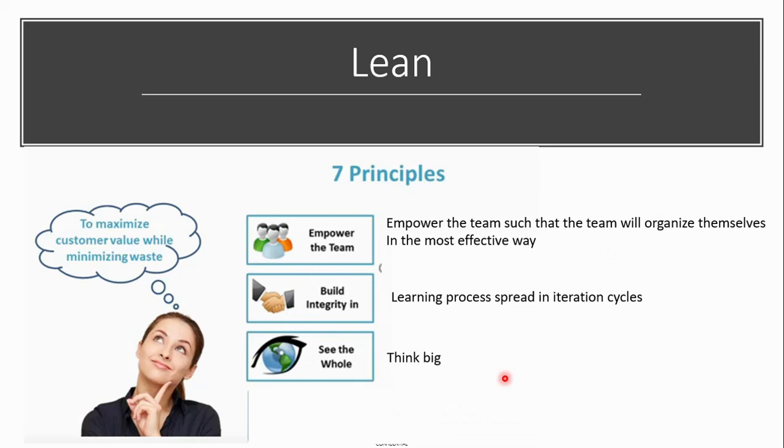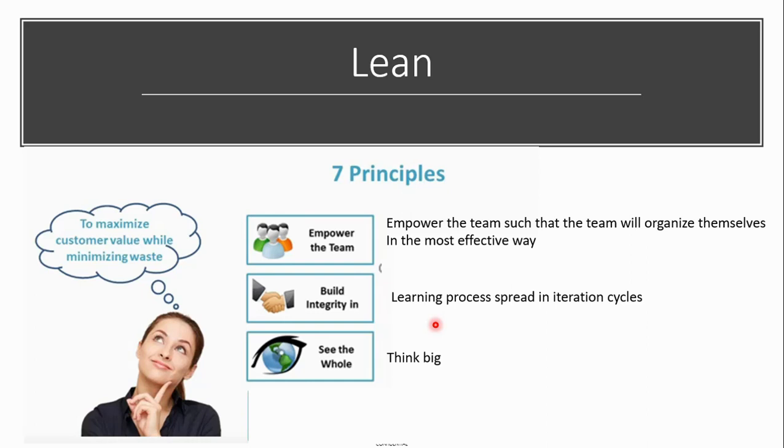Then, as I told you, Agile is more about a cross-functional team, where the team is more multitasking. So empower your team such that the team will organize themselves in more efficient ways. Give more authority to your team, so that they will take on decisions.